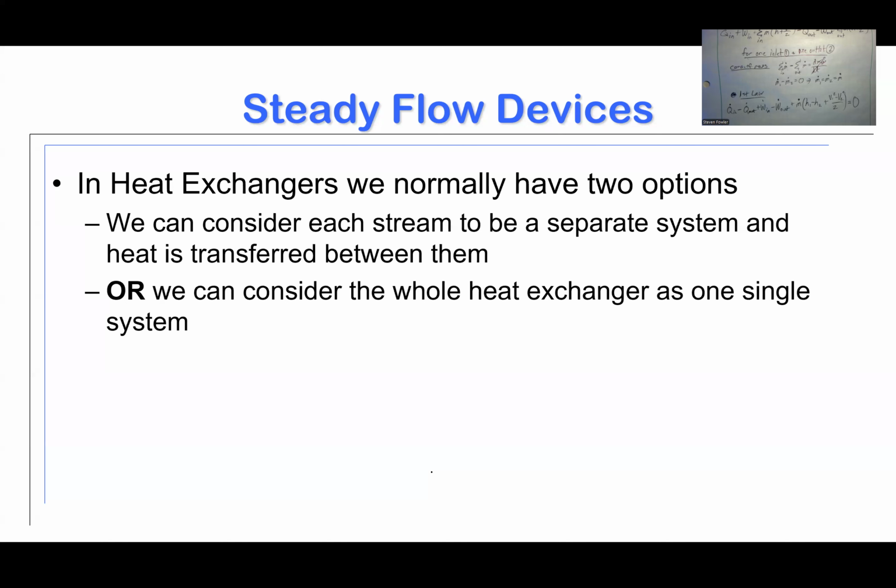You can either analyze them as a separate system, so you'll have a hot system and a cold system, or you can analyze them as one single system when you do your first law analysis, and either one will be just fine. And we'll talk about both of these when I start working some examples in some of the later parts of this lecture.